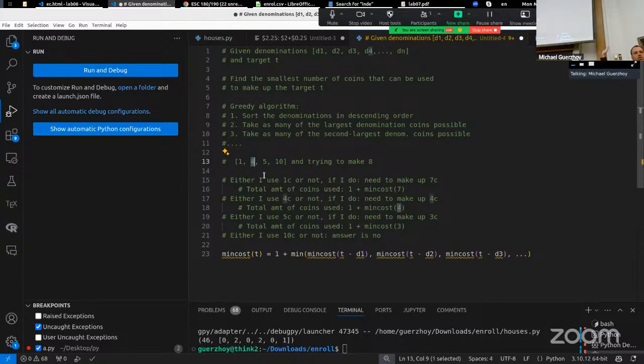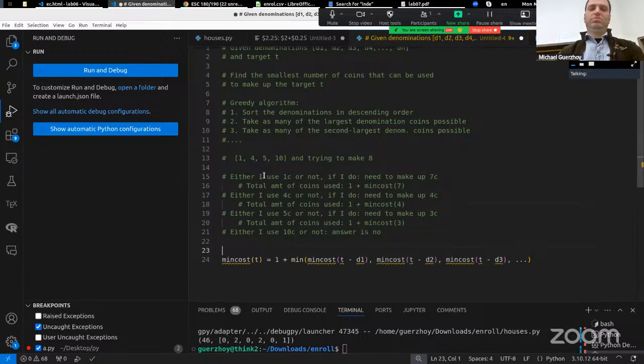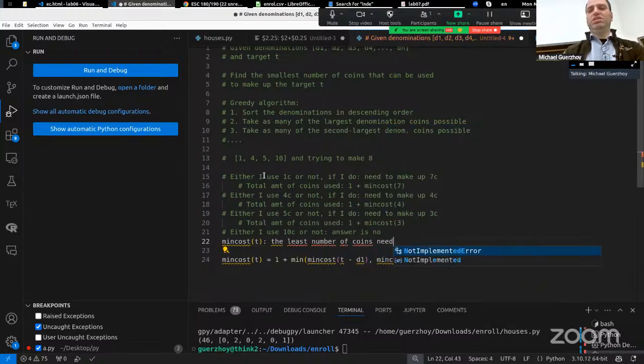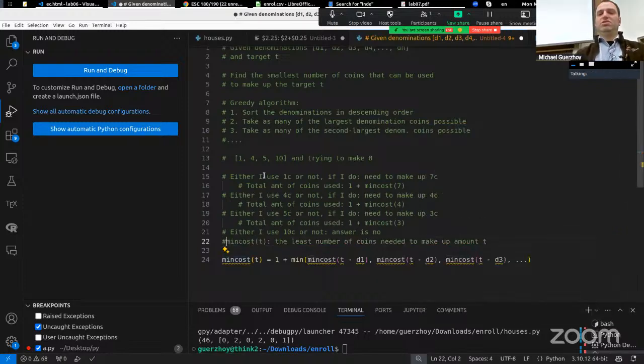Okay. So what's min cost? So it's the least number of coins needed to make up amount T. Okay. And then the reasoning went like this. So what's min cost T?